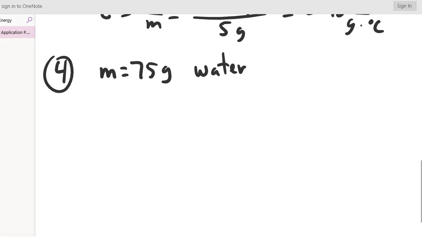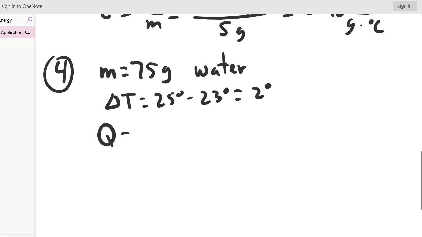And then we know that the temperature change of that water was 25 degrees minus 23 degrees, so that equals 2 degrees. And they want to know how much heat was gained by the water. Well, heat is joules, or energy. So our equation is going to be Q equals little c times the mass times delta T. And we just need to know, well, what is this c right here?